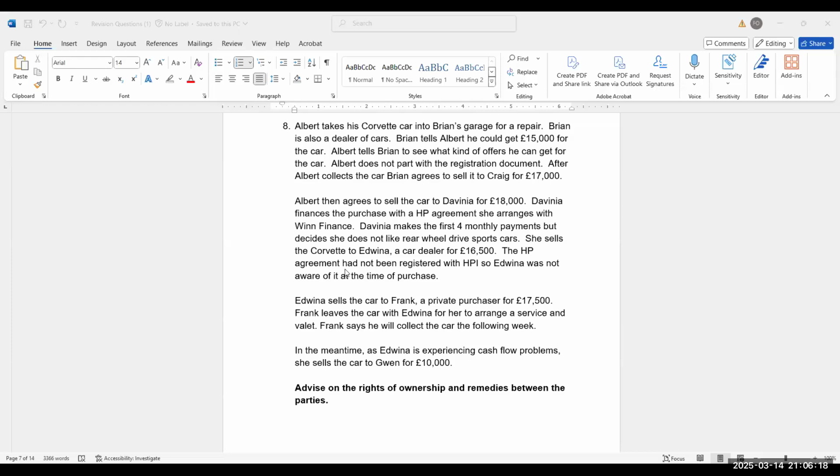First, if Davinia paid off the HP agreement before Frank buys the car, then that means that there will be feeding of title. So Edwina would have good title, rather, if it was paid off before it was given to her, because Edwina is a dealer and Frank is a private purchaser.